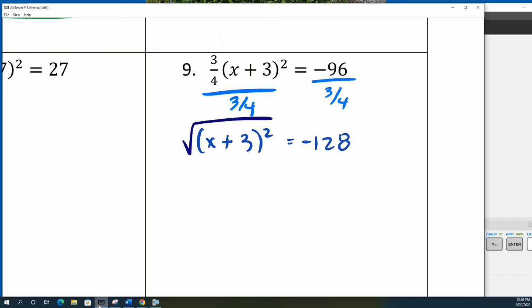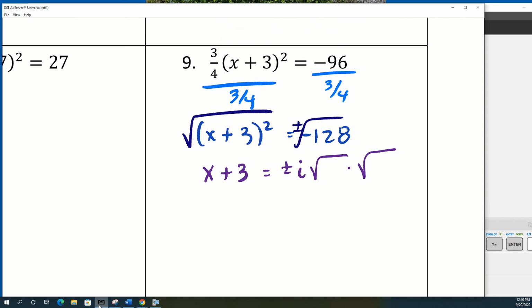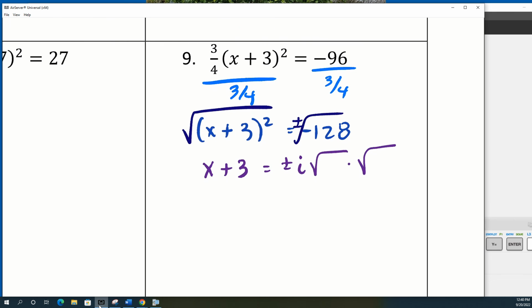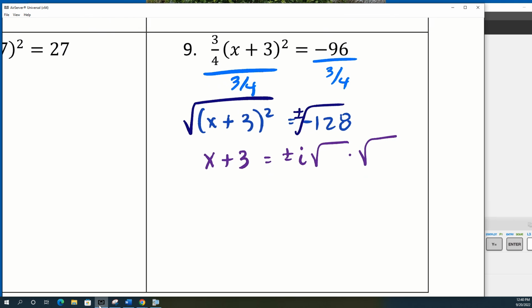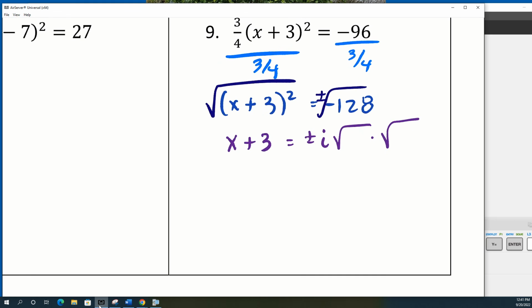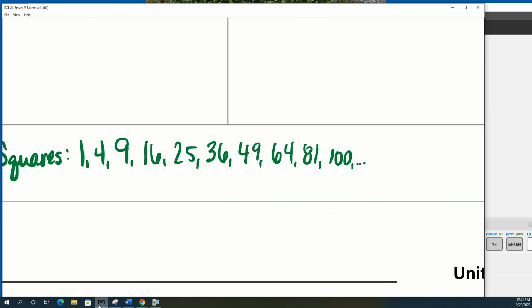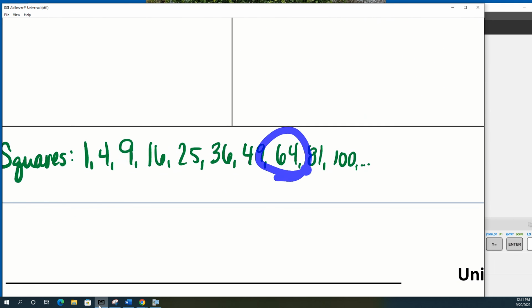All right, so then we'll do the square root. Right, because this is a negative 128, we are going to pull out an i. And 128 has several squares that divide evenly into it. So we always want the largest. The largest is 64.